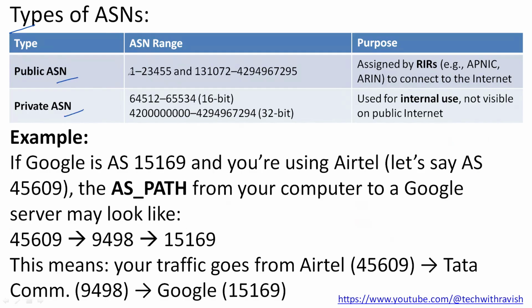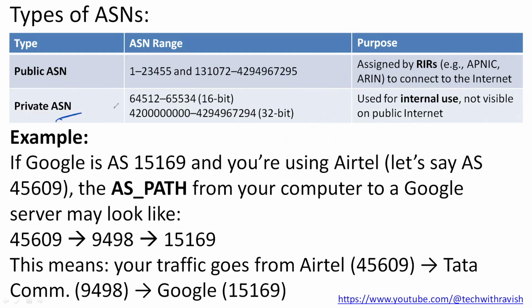We have two types of autonomous system numbers, public AS numbers and private AS numbers. If I talk about the public AS number range, that is 1 to 23455. For the private range, this is 131072 to 4199999999 and so on. It is provided by the same organization, IANA, that provides the IP addresses. IANA provides the AS numbers to the RIRs, the continent-wise organizations handling all that.